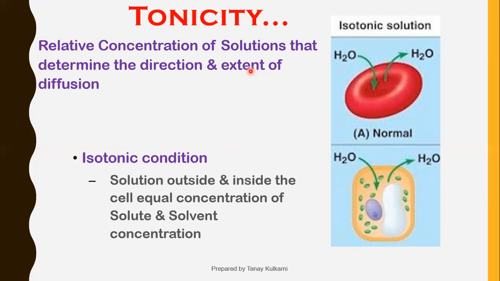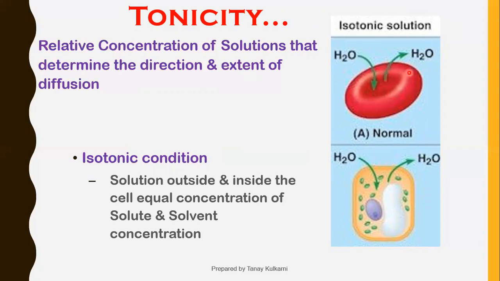The relative concentration of water molecules and solute molecules on either side of the cell membrane is the same. In such a solution, there is no movement of water molecules across the cell membrane. What I mean to say, student, is this is a plant cell and this is an animal cell.